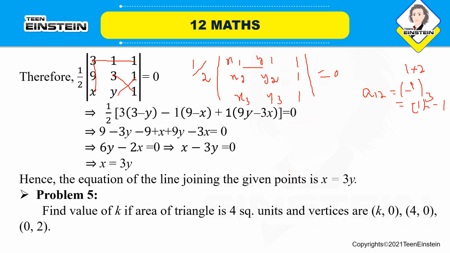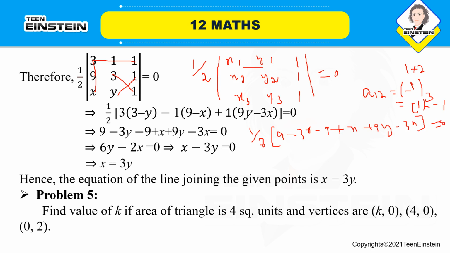So on simplification, what you are getting is half into 3 into 3, 9, so 9 minus 3y. Here we get minus 9 plus x, plus 9y minus 3x, equal to 0.